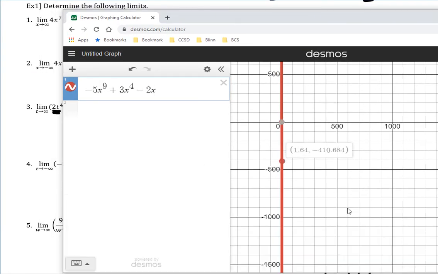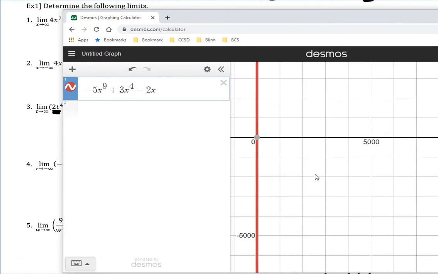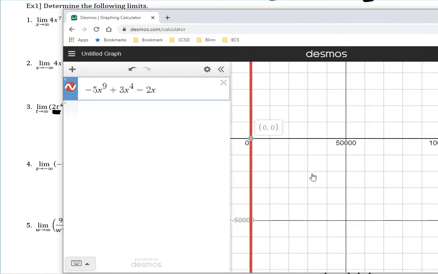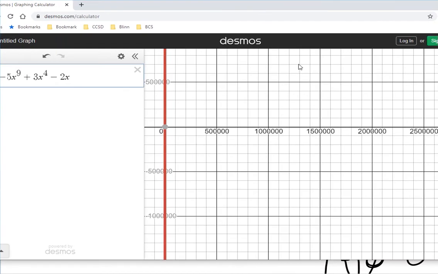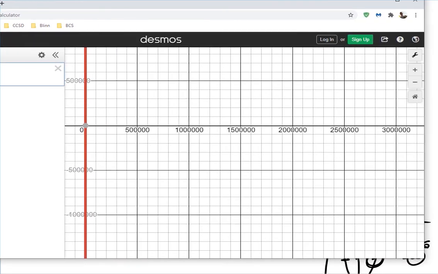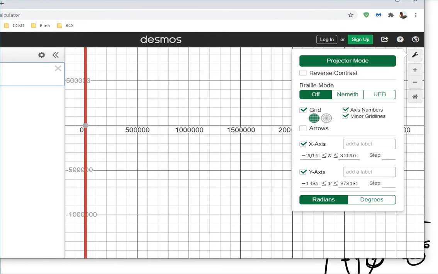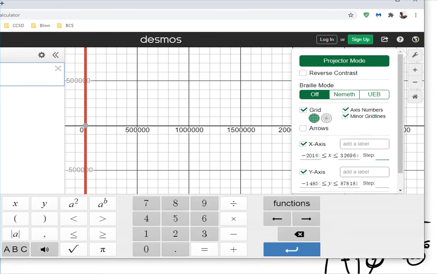This is where the calculator maybe is not the best, because I don't really see much happening with it. Maybe we could change the graph settings and see if changing the x step is worthwhile. I don't know if this is really worth it.